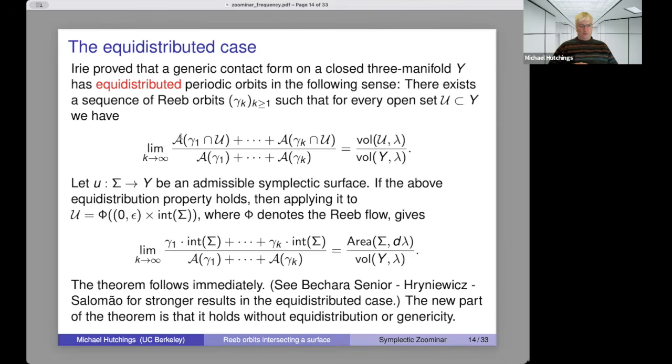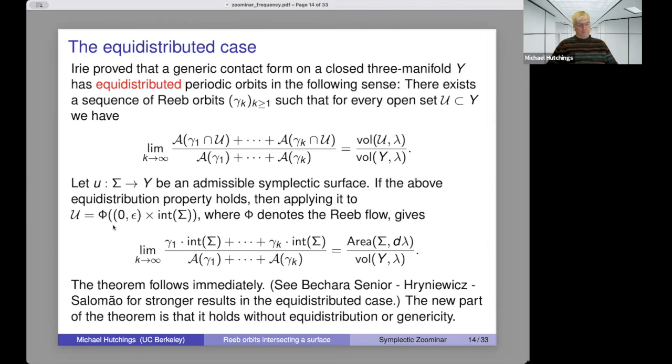So it says the average time that you spend in U is proportional to the volume of U. Now, if this equidistribution property holds, and if sigma is an admissible symplectic surface, then I can apply this to an open set U, which is obtained by taking sigma and flowing it by the Reeb flow for time epsilon.